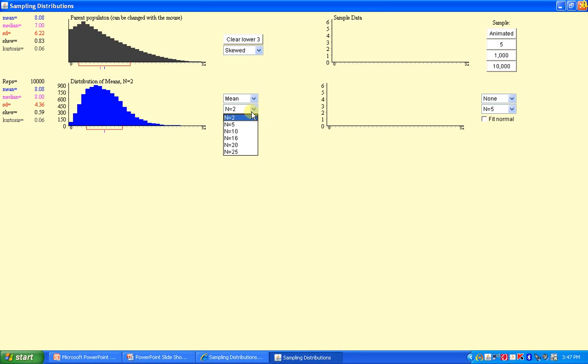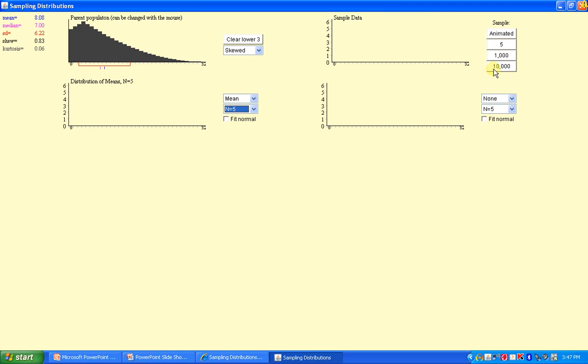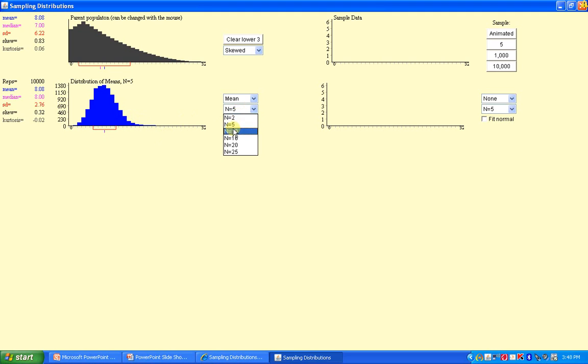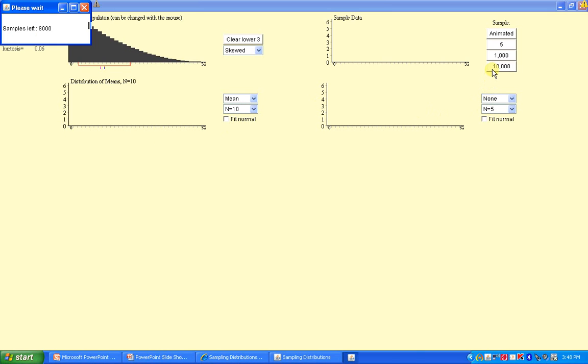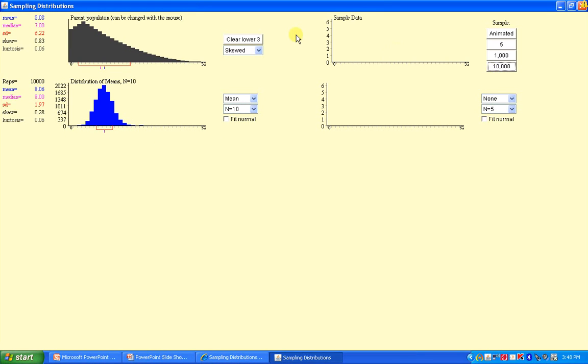Okay, but if we look at larger values, n equals 5, you could still say that this has some skew to it to the left, but it's definitely less skew. Okay, n equals 10. Getting less skewed. Starting to look more like a normal distribution. We still got a skew there, but it's not a bad skew. And you can see that's the normal curve.